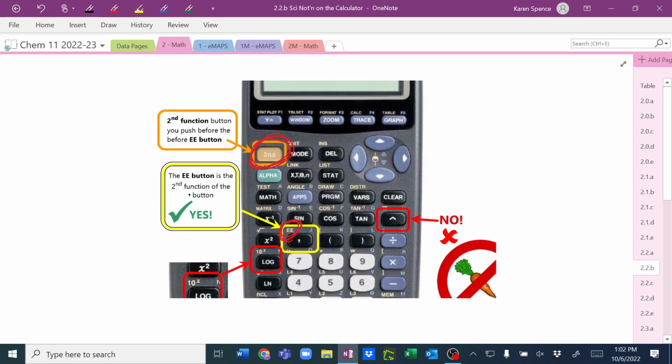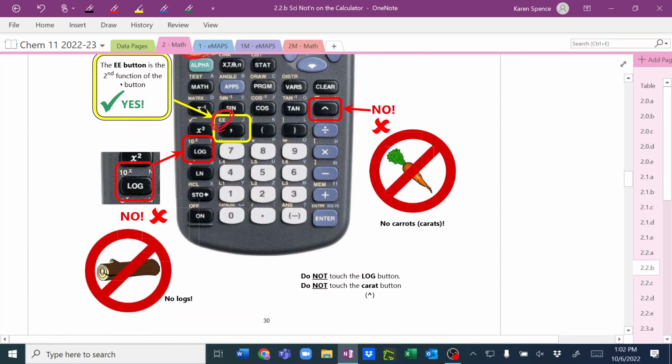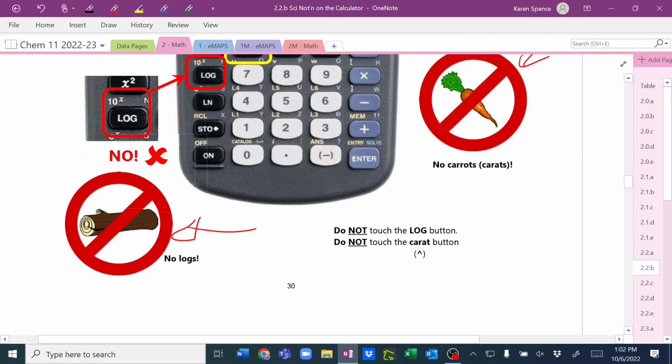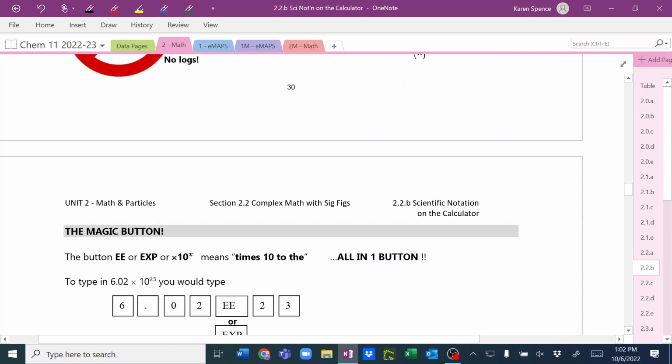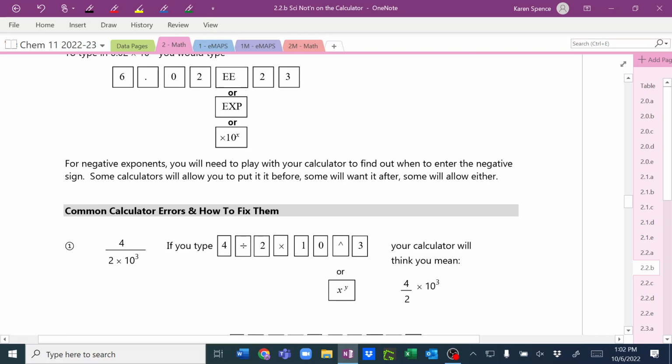It'd be nice. Okay, no carets, no logs. Like I said, I got really carried away. No carets, no logs. Do not touch the log button, do not touch the caret button. So, magic button, there we go.